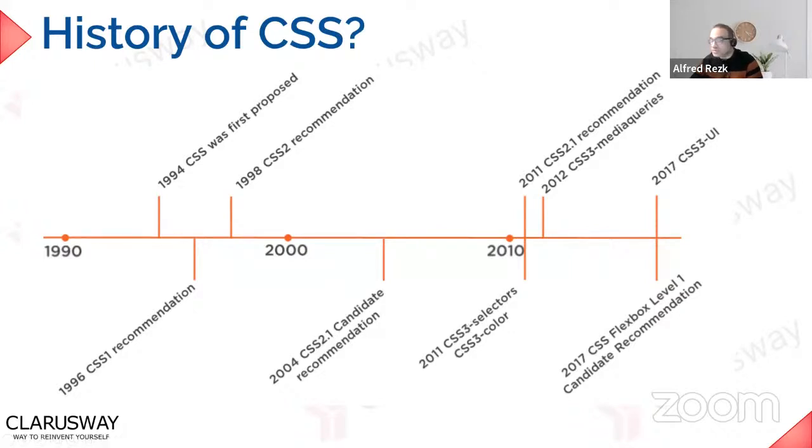What I mean by modular, they added multiple modules. So you have the text properties, you have the grid properties, so they separated it per modules. That started from CSS3, and they introduced back in 2011 the CSS3 selectors, where the selectors became very flexible.